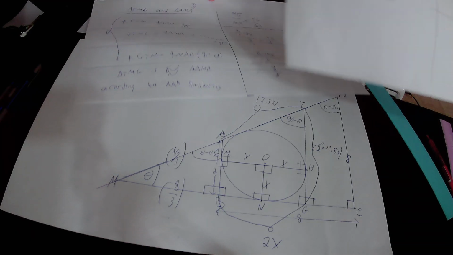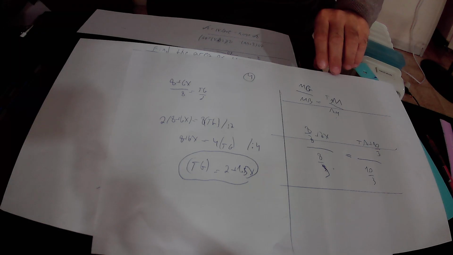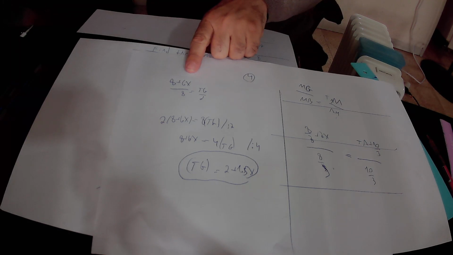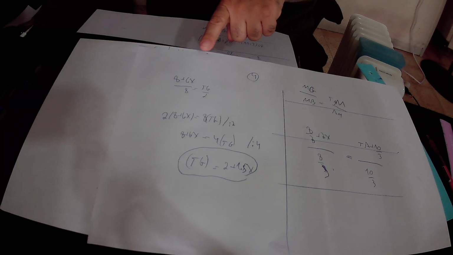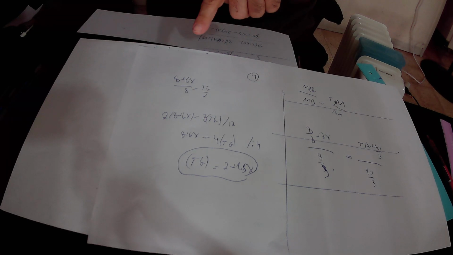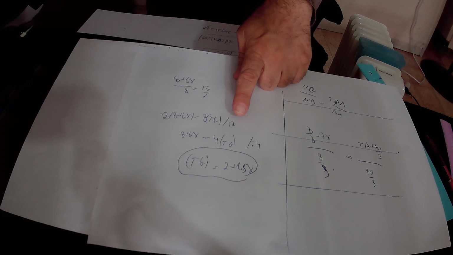Repeat again. 8 plus 6x over 8 equals TG over 2. We cross multiply and find that 2 times (8 plus 6x) equals 8 times TG. We divide this equation by 2 and find that 8 plus 6x equals 8 over 2, which is 4, so 4 TG.